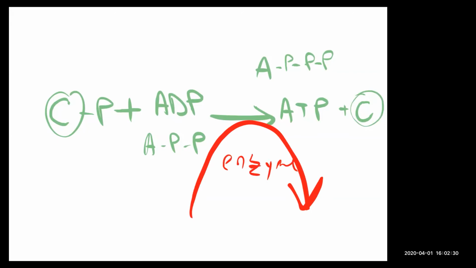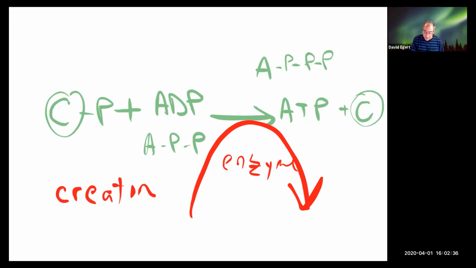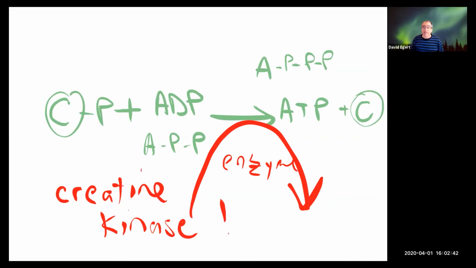Something kinase. Exactly. Awesome. So it's going to be a creatine kinase. Kinases, we've met them, we'll meet more of them. Enzymes phosphorylating things, transferring phosphate groups is just a really common story.